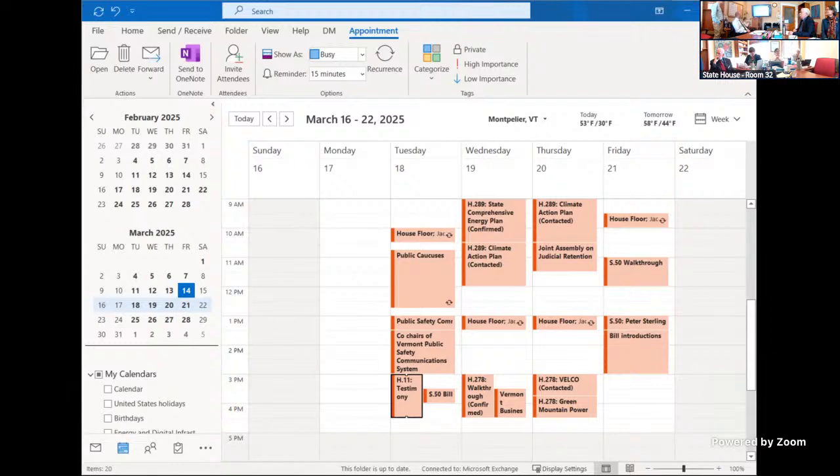And then at some point, we're going to do a walkthrough on S50, because to answer Rep. Morrow's question, at this point, we have one bill that's coming to us for sure from the Senate. It is S50. It's a net metering bill.